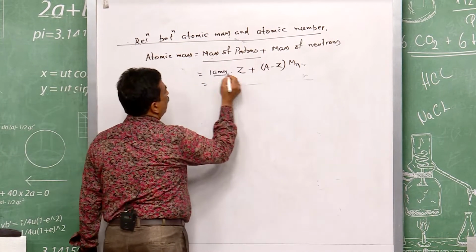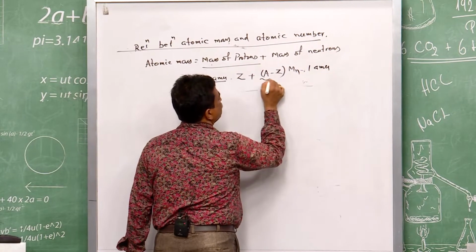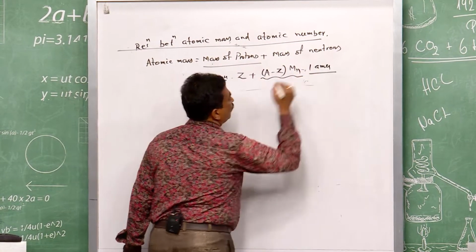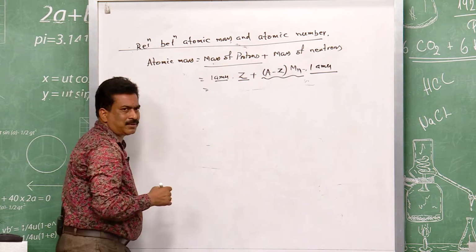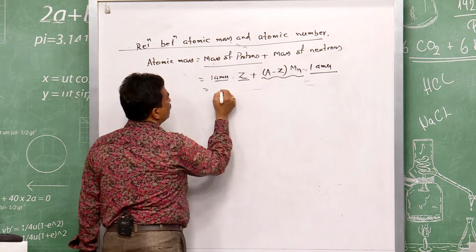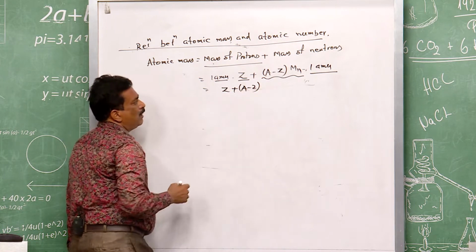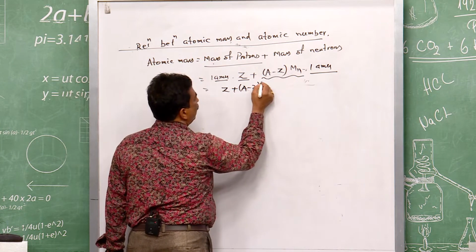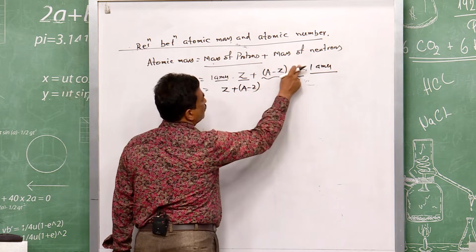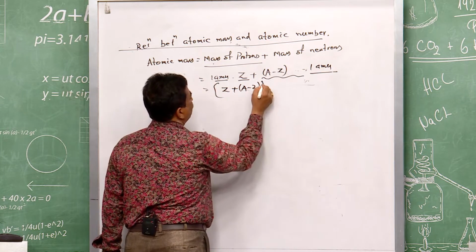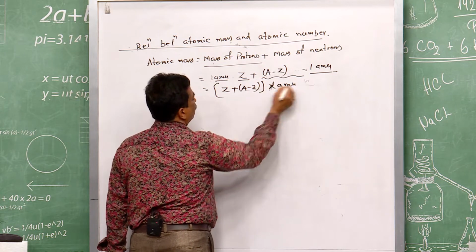So this is 1 AMU, because this is the total number of neutrons into the mass of a neutron, and this is the total number of protons into the mass of the proton. So 1 AMU is common. So Z plus A minus Z, with Mn meaning the mass of the neutron, that is 1 AMU.